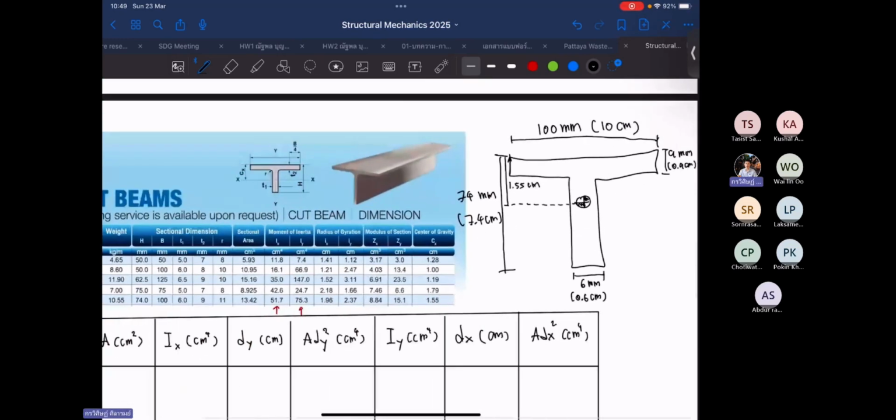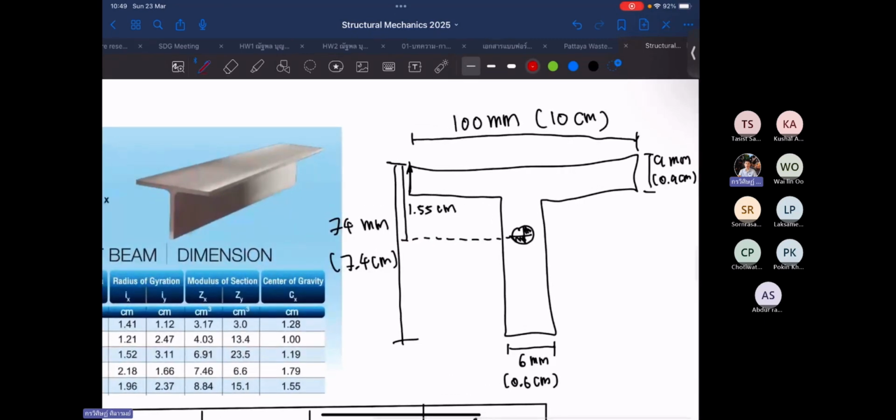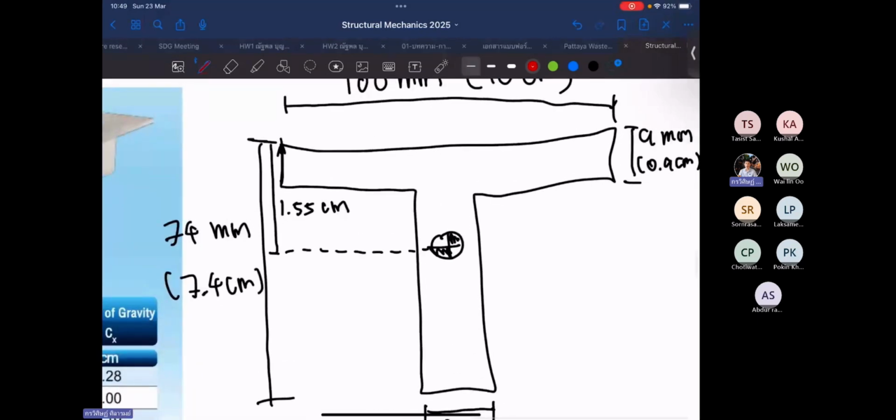At this point, does anyone have any question on how we can read this steel table? If there is none, let's continue. Then we separate the shape into components. The easiest way is to separate like this.